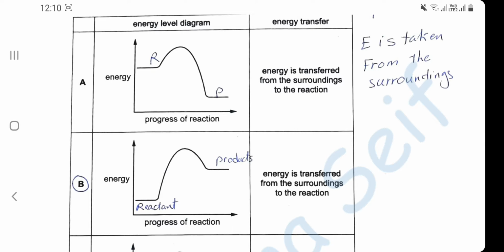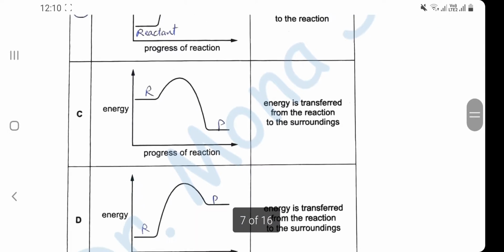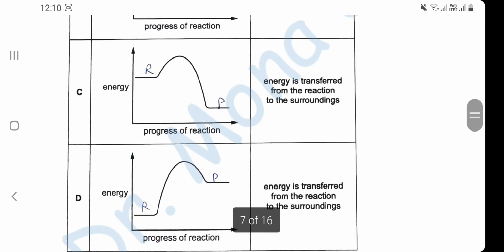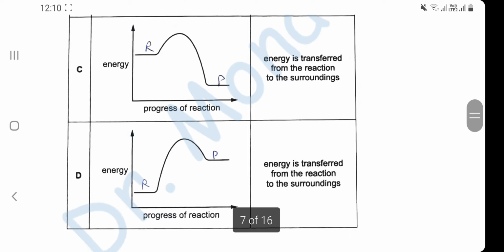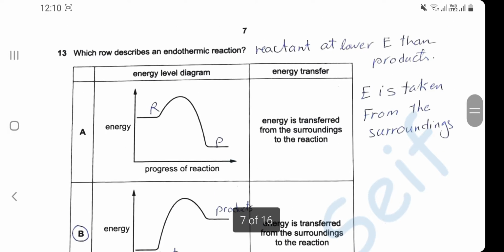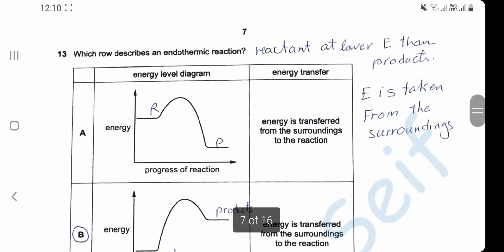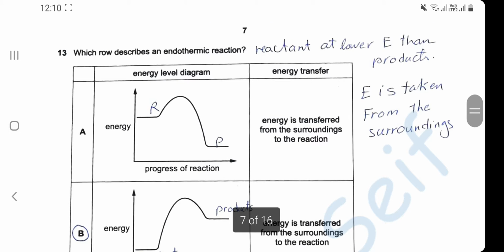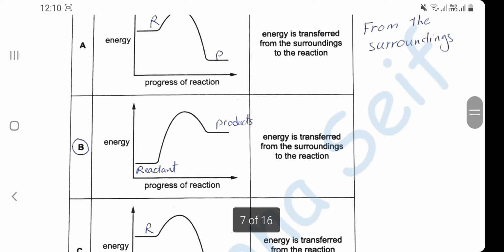This is also correct. Both columns are correct. Diagram C, reactants are at a higher energy level, and this diagram is not correct. Diagram D, reactants at a lower energy level, but it mentions here that energy is transferred from the reaction to the surroundings, meaning energy is given out, which is wrong. Energy is taken in. So the choice here will be E, which has both columns correct.